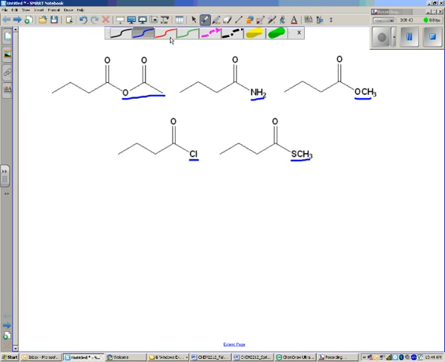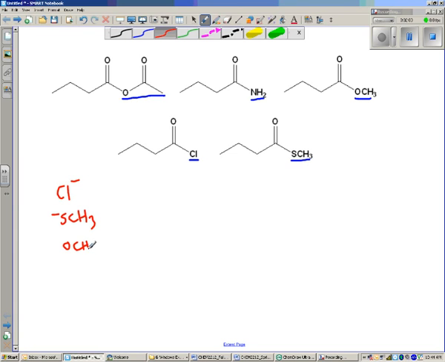Now the only way that we're going to figure out which is the best leaving group is to actually draw them out as they would be as leaving groups. You know Cl comes off as Cl minus. So there's one leaving group. SCH3, if the electrons come from here onto the sulfur, would give you SCH3 minus.